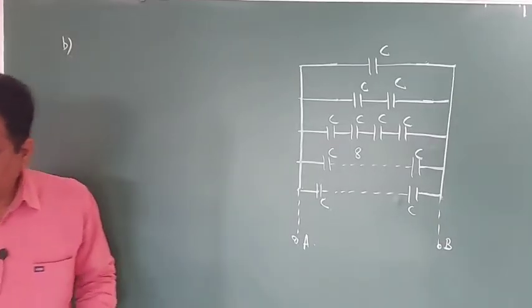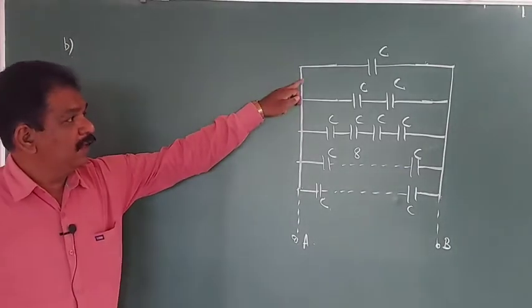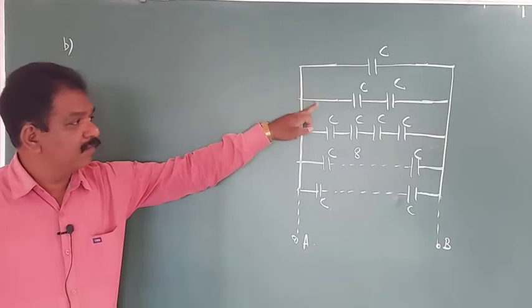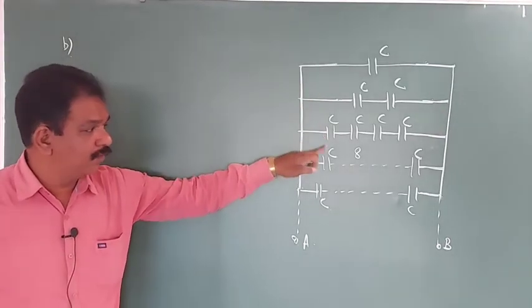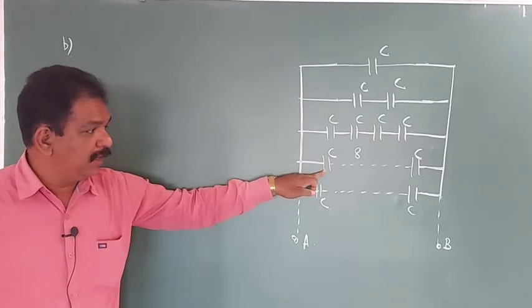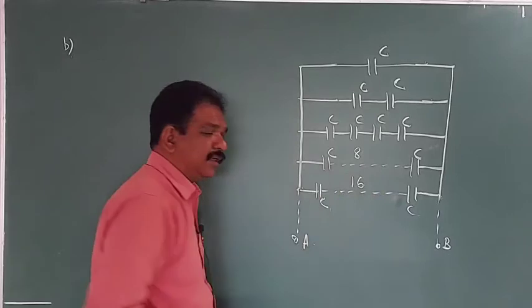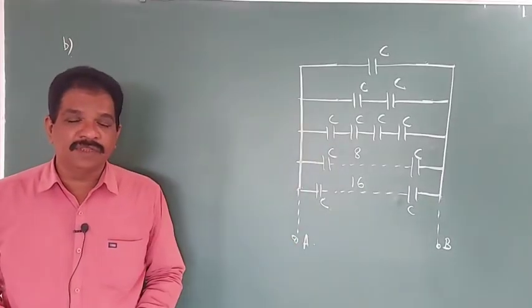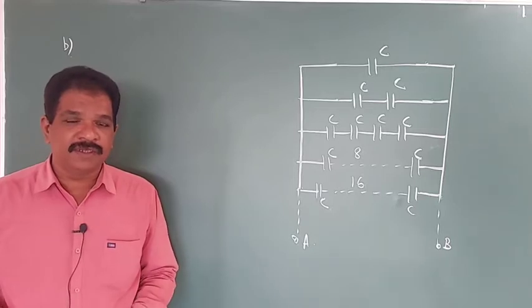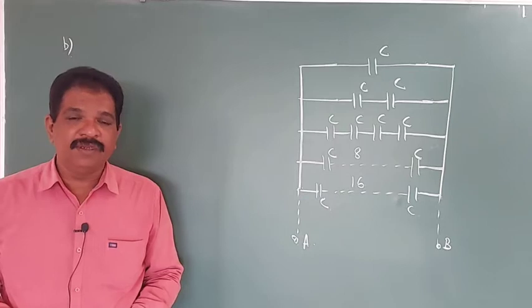What is the effective capacity between A and B? Here one capacitor is there, here two, here it will be 4, here it will be 8 capacitors, here it will be 16 capacitors. Like that, an infinite capacitor circuit is there. What is the effective capacity between A and B?